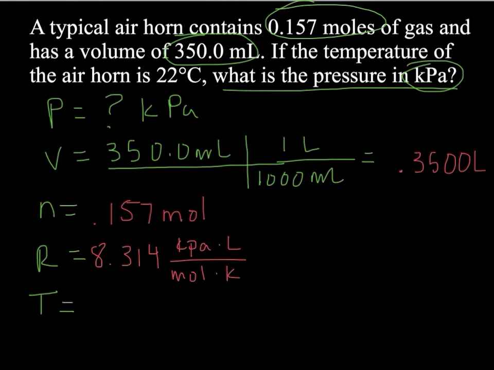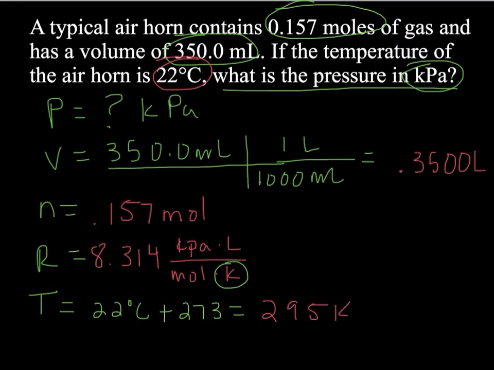My temperature is 22 degrees Celsius, and if you notice up above, my temperature needs to be in Kelvin according to my R value. So I'm going to add 273 to convert my temperature to Kelvin. This will give me a total temperature of 295 Kelvin.